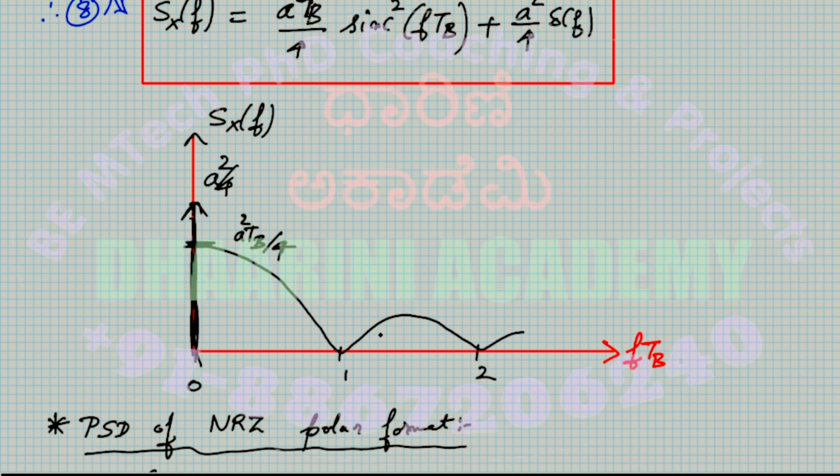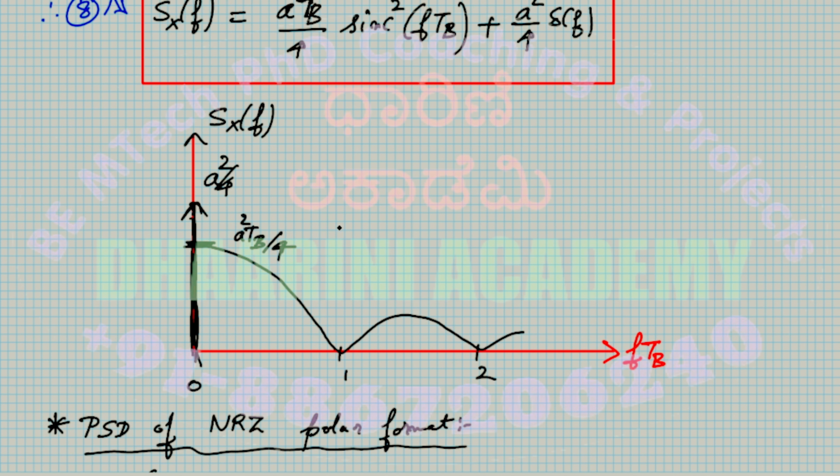You can see here, this is the waveform. And the sinc square function gets scaled down by a factor A square into capital TB by 4. Normally this TB is very small, so A square by 4 is bigger, A square TB by 4 is smaller. That's why this amplitude is smaller than A square by 4. Okay, is it fine? Do you have any doubts with this?